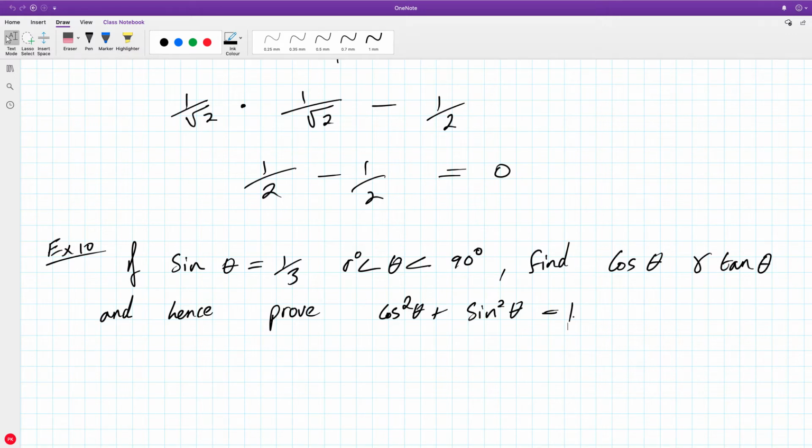So once you have your three sides in, you get cos adjacent over hypotenuse, tan opposite over adjacent, and then I want you to show me how cos squared theta plus sine squared theta can give me 1.